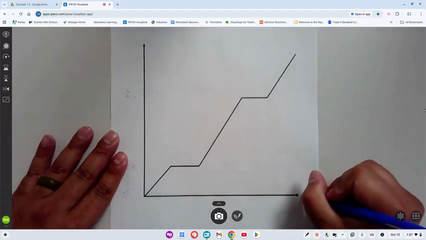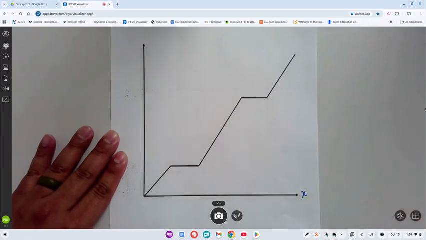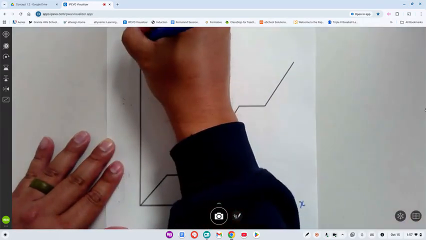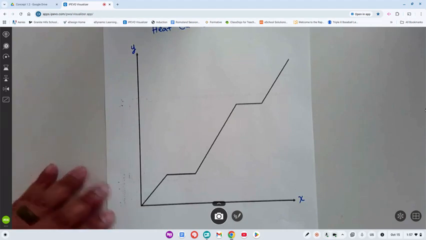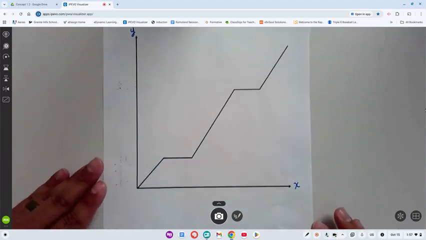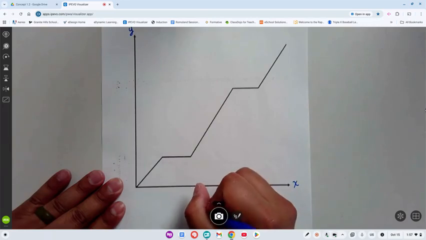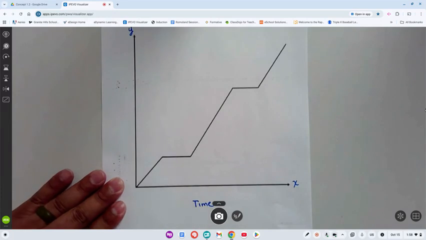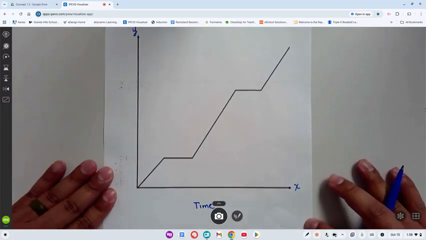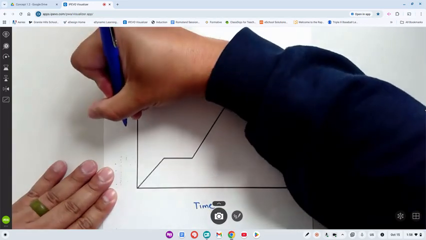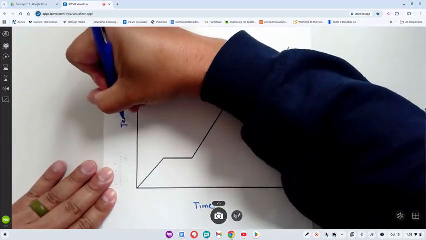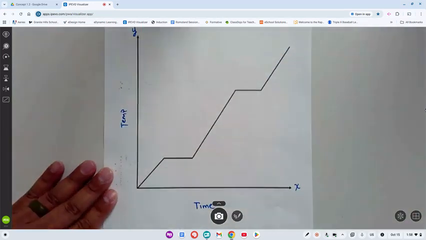So remember from math class, this is our x and this is our y. Our x-axis is going to be time, and our y-axis is going to be temperature. We could abbreviate temperature with temp.